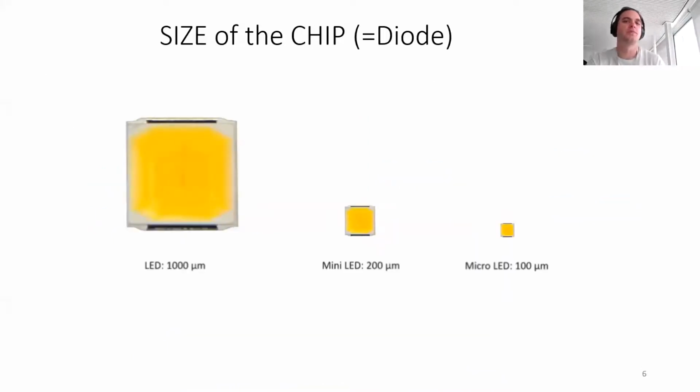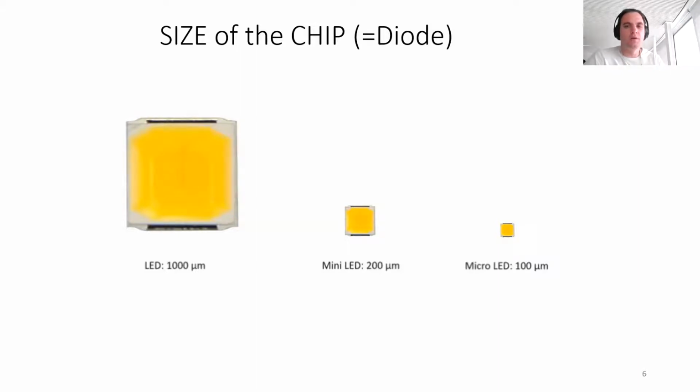So the size of the chip, that's pretty straightforward. Let's start off easy. A diode, depending on the size, we will talk about LED, mini LED, or micro LED. And there are thresholds, so anything below 100 micrometer is actually worthy of the name micro LED.